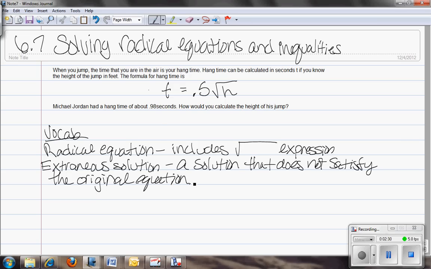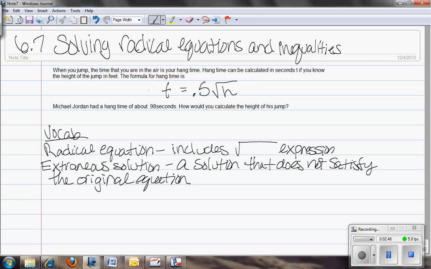And we'll talk about that. You'll be solving some of them, and then when you get finished, if you go and check it and put it back in the equation, it doesn't work. So it would be like an imaginary solution, where it makes sense mathematically or algebraically, but when you plug it in, it doesn't actually work when you check it out.